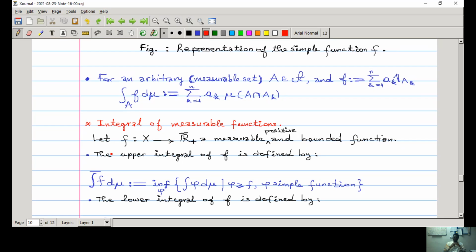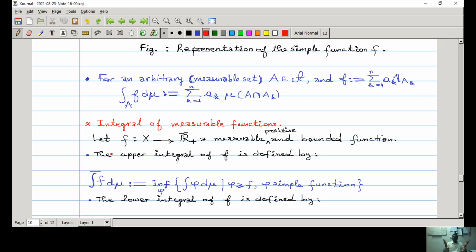So that's what I said in the beginning, that indicator functions will be the building block, or simple functions, because simple functions are based on indicator functions. In all the theory, we will be using simple functions to approximate measurable functions, right?